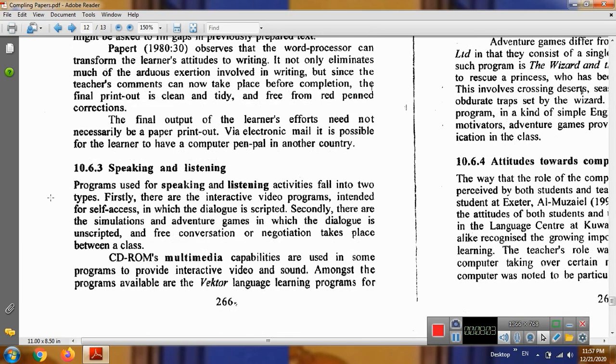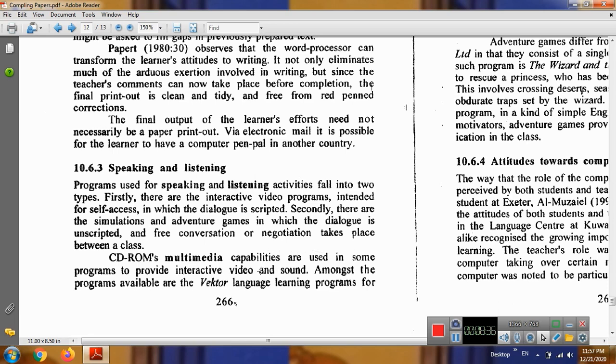And about speaking and listening, programs used for speaking and listening activities fall into two types. Firstly, there are the interactive video programs intended for self-access, in which the dialogue is scripted. Secondly, there are the simulation and adventure games, in which the dialogue is unscripted and free conversation or negotiation takes place between a class.